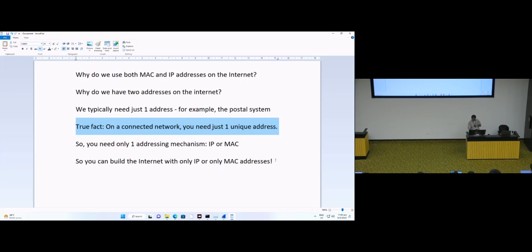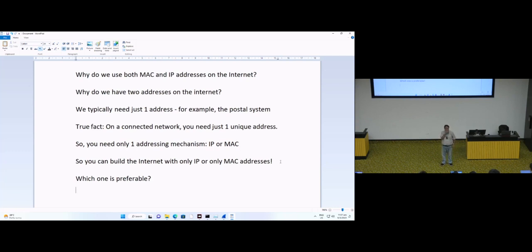So the only question you have to handle, and Max, this is going to get back to what you said before, okay? Which one is preferable? Would you build the internet with IP addresses, or would you build it with MAC addresses? Now, let's take IPv4.